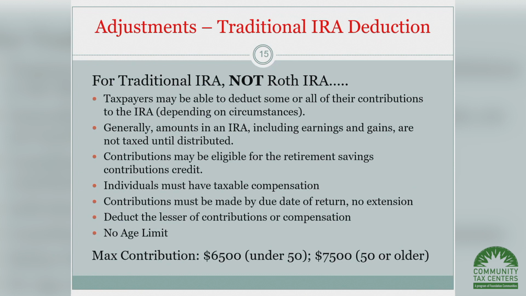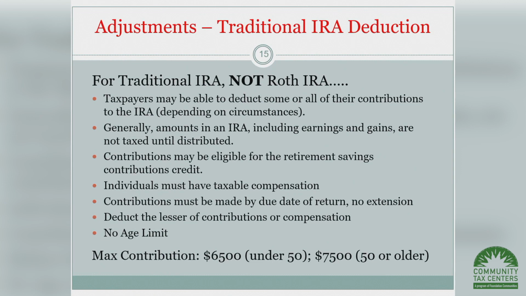There is no age limit. However, there are maximum contributions based on your age. $6,500 if you're under 50 and $7,500 if you are older. You can find all of this information in your textbook.